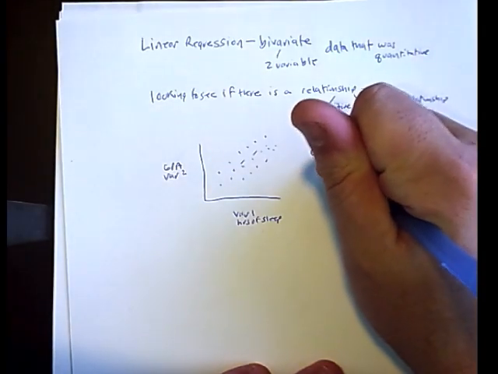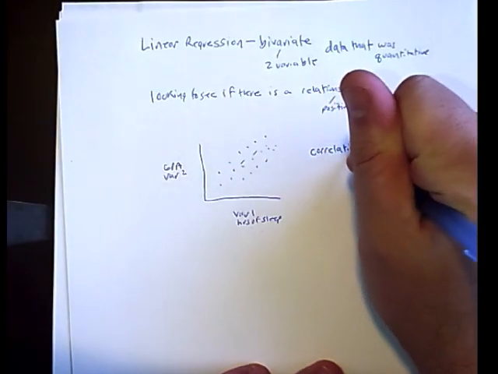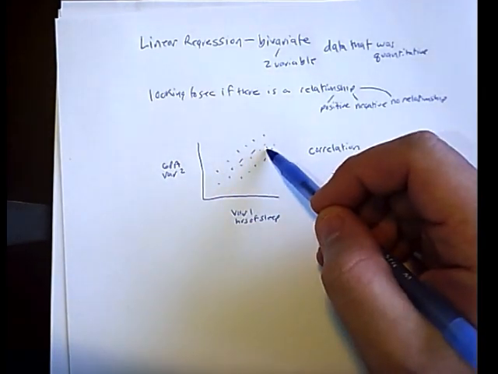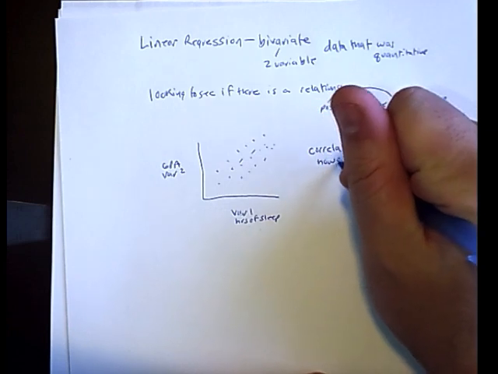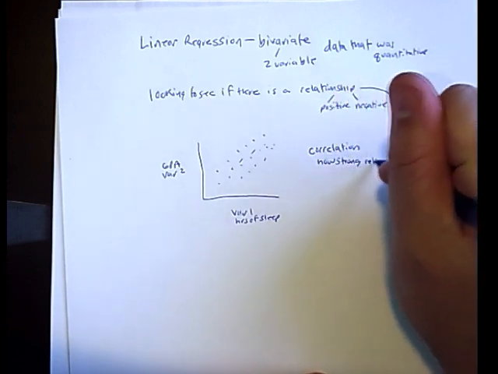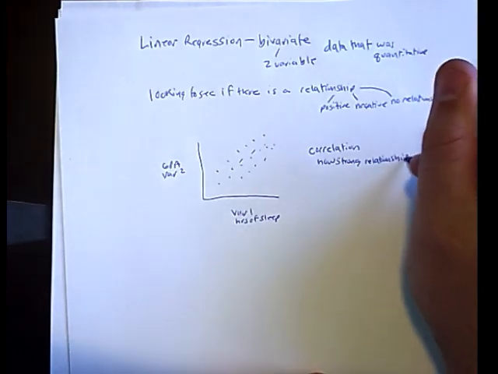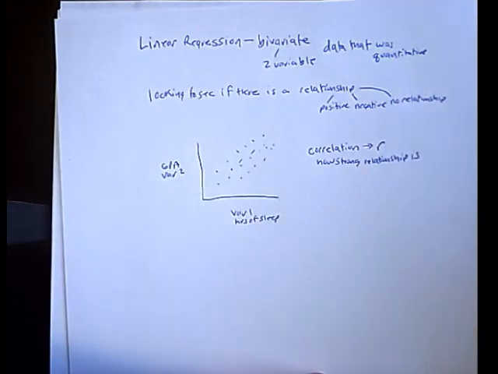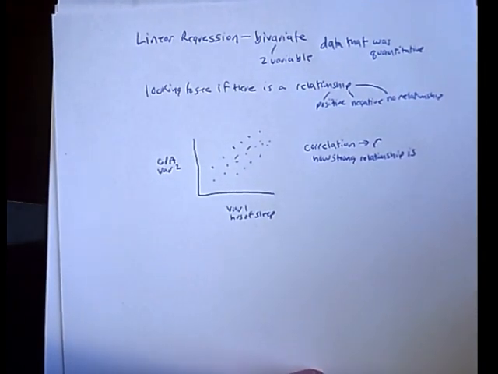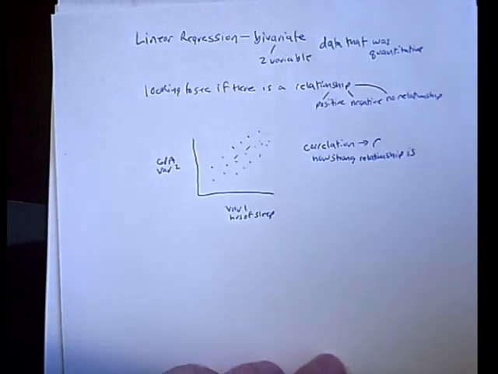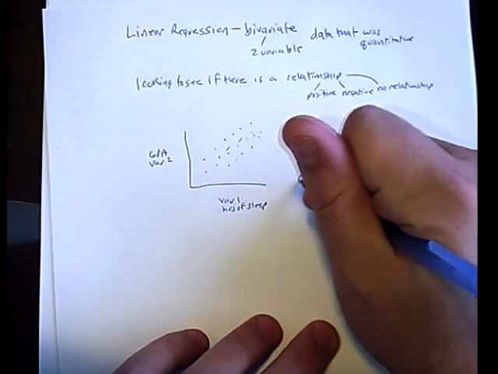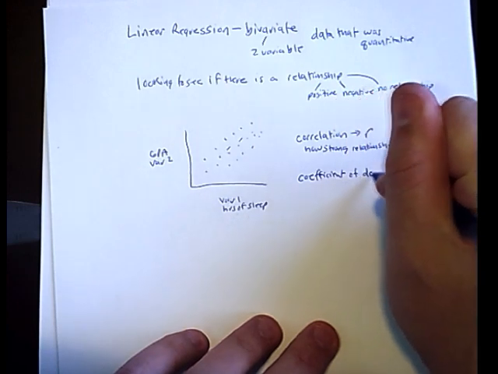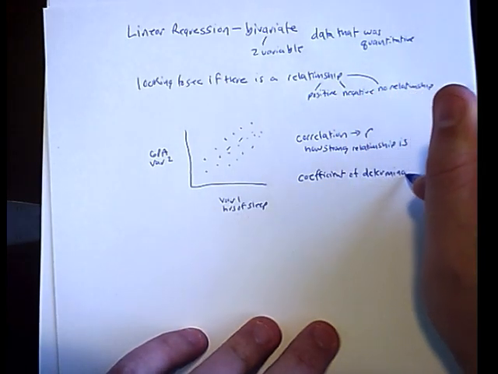We measured certain things about that. We measured the correlation. There's a whole bunch of formulas on your formula sheet. The correlation tells how strong the relationship is, and it is given by the R value, or the correlation coefficient.